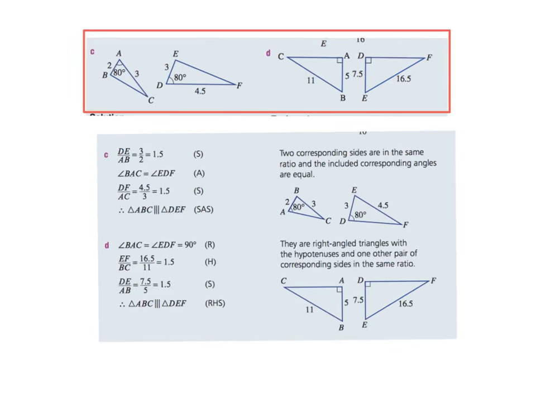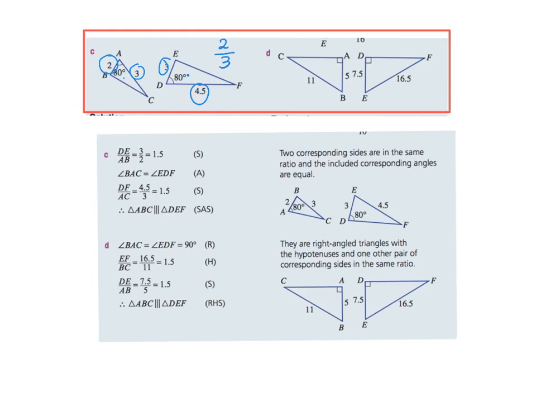Okay, so let's go to the last set of ones. So let's have a look here. We've got an angle the same, and we've got the sides that are included in that angle. So if I times 2, does it look like it's the same? If I go 2 divided by 3, yeah, I get 2/3.